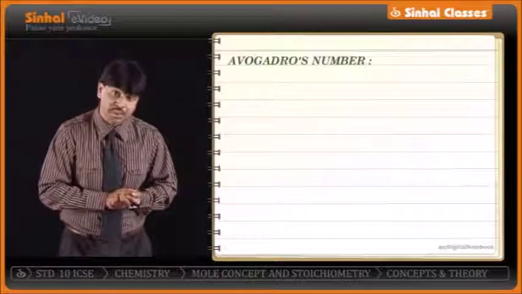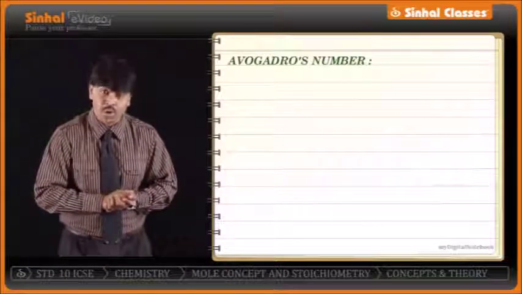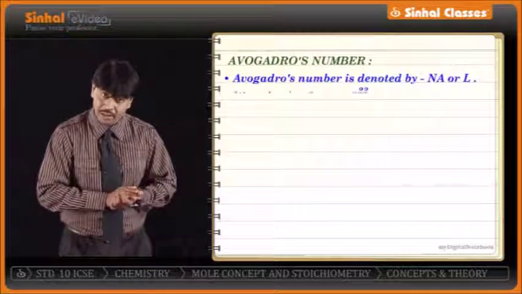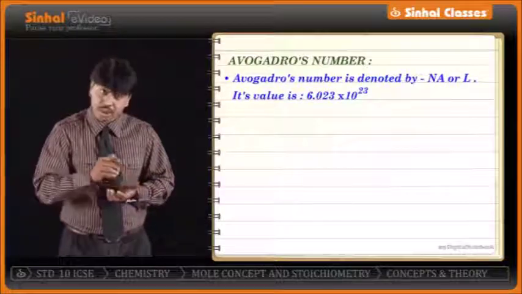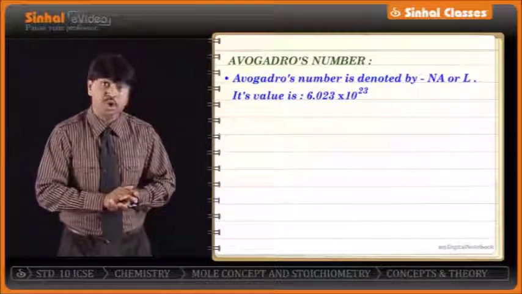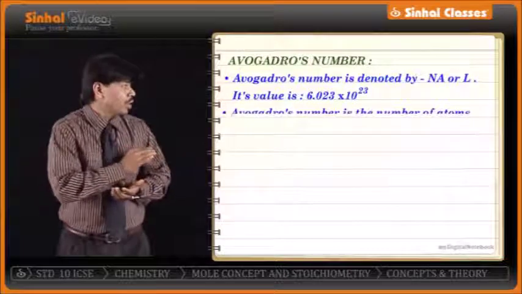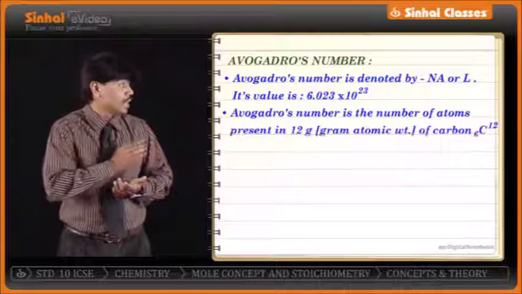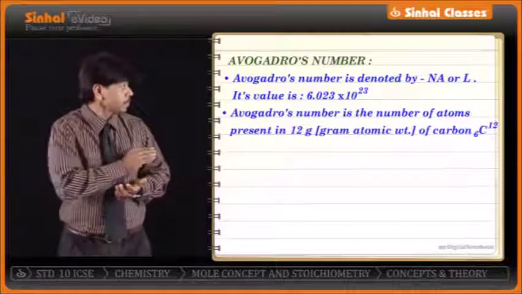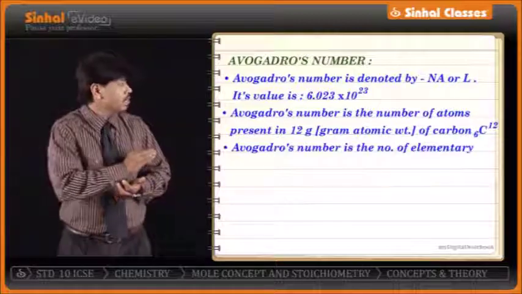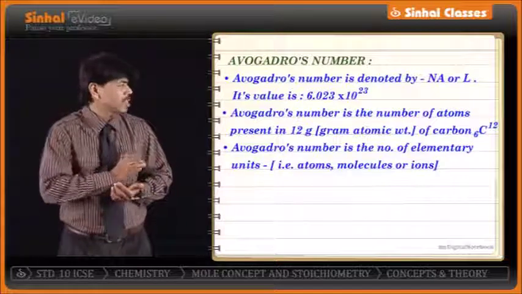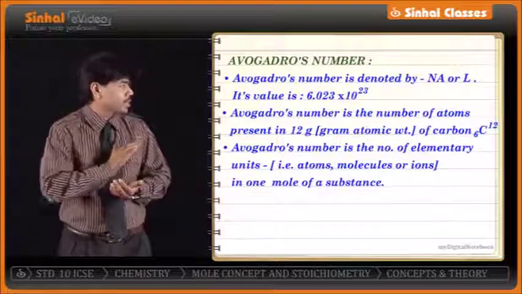This number, 6.023 × 10^23, is also known as Avogadro's number, represented by Na or L. The value of Na is 6.023 × 10^23. Avogadro's number is nothing else but the number of atoms present in 12 grams of carbon-12. It is the number of elementary units, that is atoms, molecules, or ions, in 1 mole of a substance.